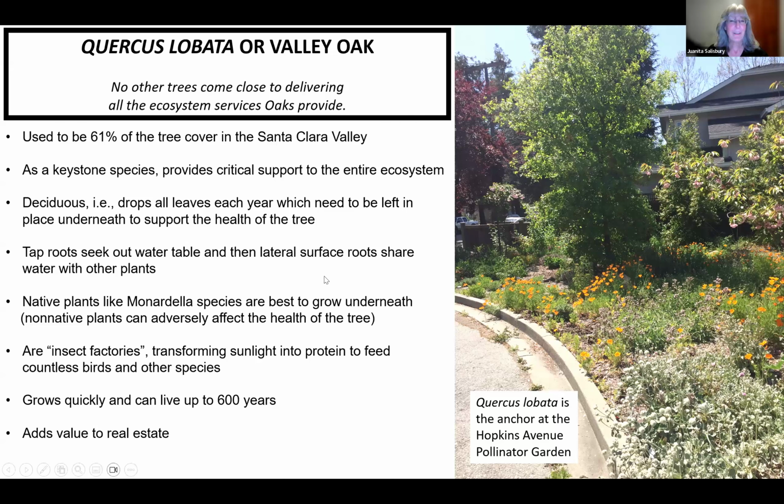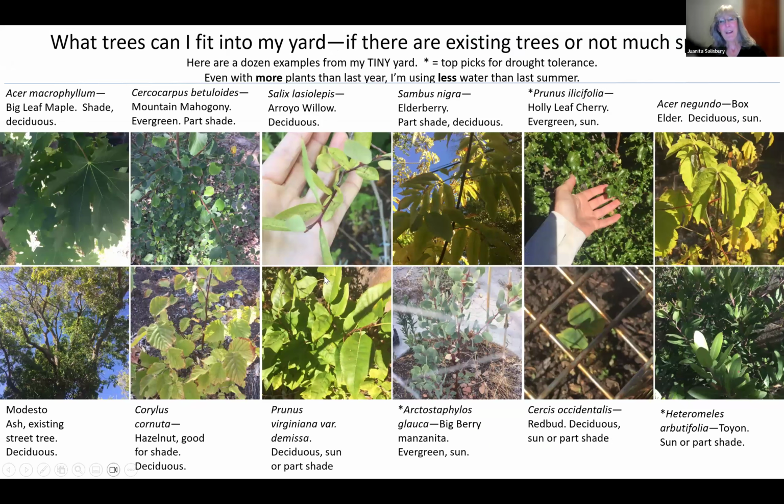But if you don't have space, you can say, well, what trees can I fit into my yard if there's already existing trees or not much space? And these are examples of things that I have planted in my own yard. As you can see, I'm a little bit of a tree hoarder, and we have a small yard, but I managed to fit everything in.